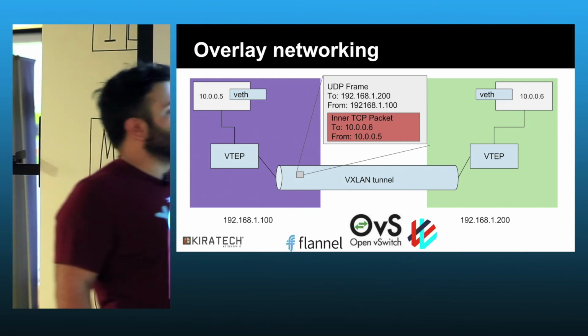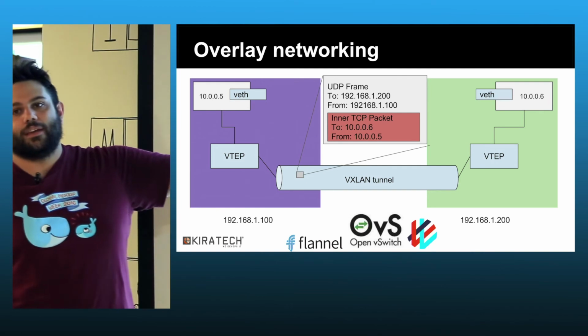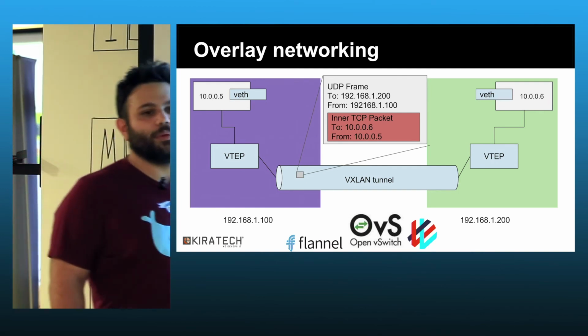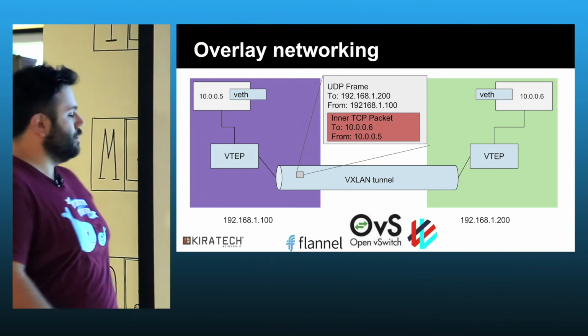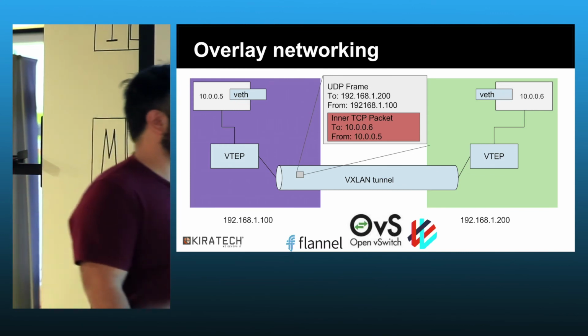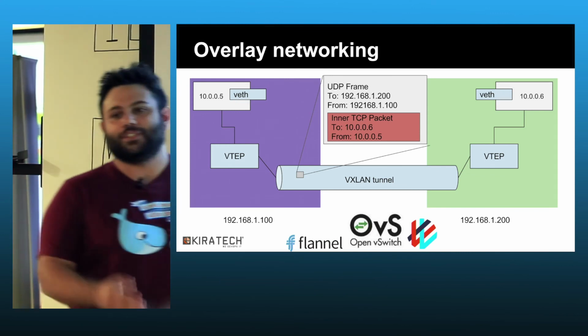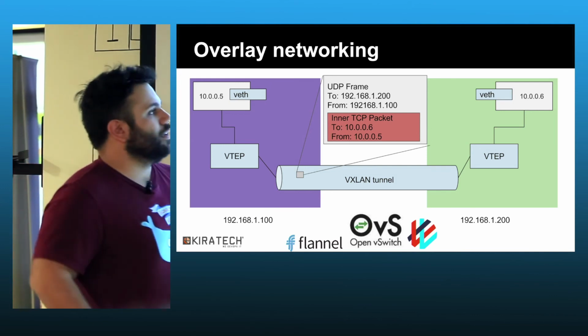By default, the VXLAN tunnels are not encrypted. You can encrypt them with IPsec. I was looking for a possible implementation with DTLS, which is Datagram Transport Layer Security, which is the UDP version of TLS.